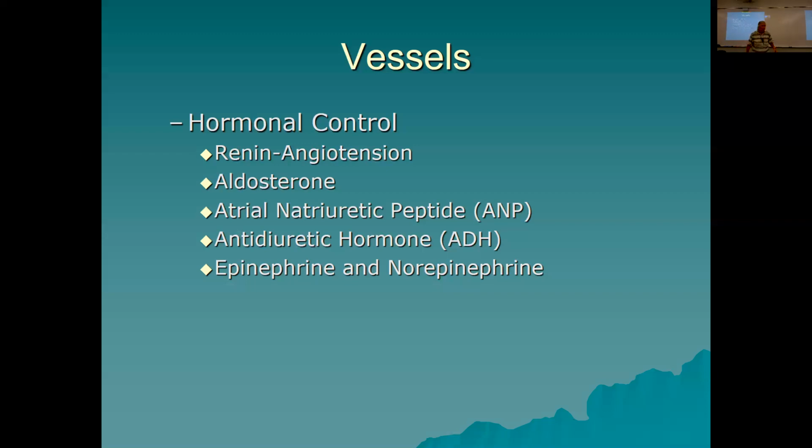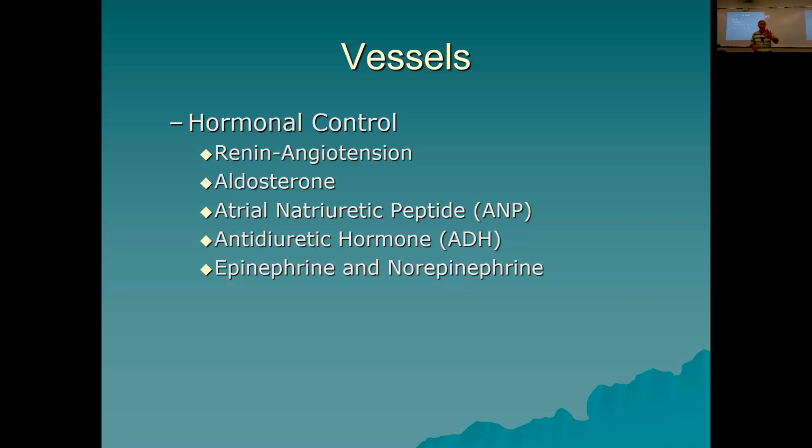Antidiuretic hormone. Remember, it's the hormone that will increase reabsorption of water through the kidneys. So if you're really dehydrated, you'll be secreting a lot of this, and it makes your kidney tubules, the distal convoluted tubule, permeable to water, and water will rush in and you will save water.